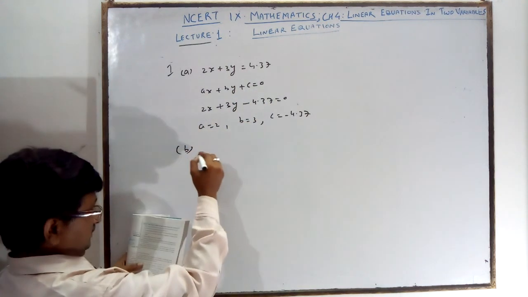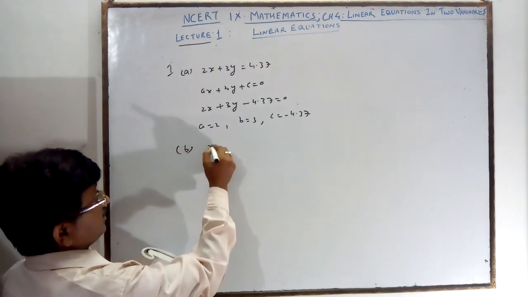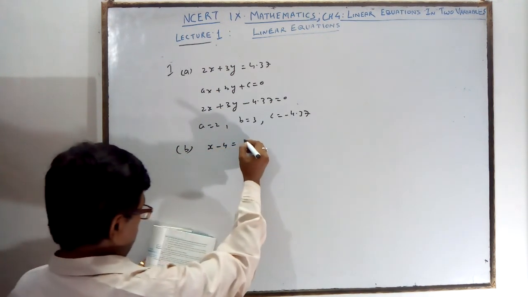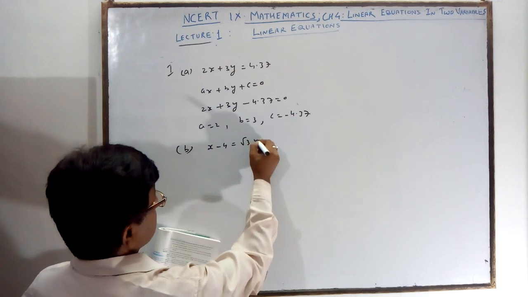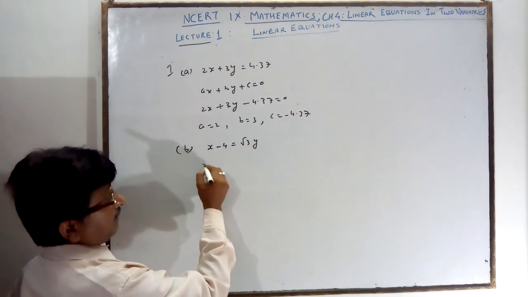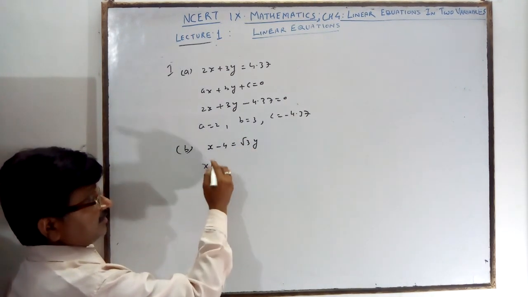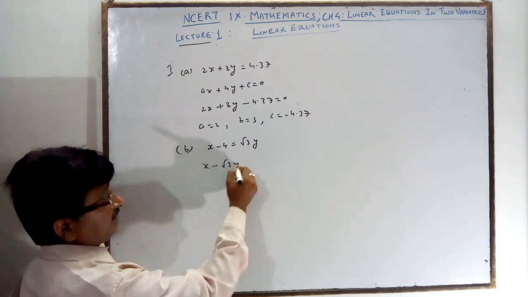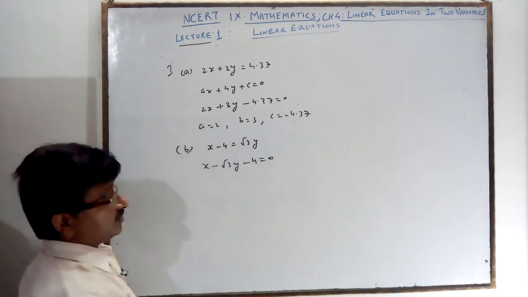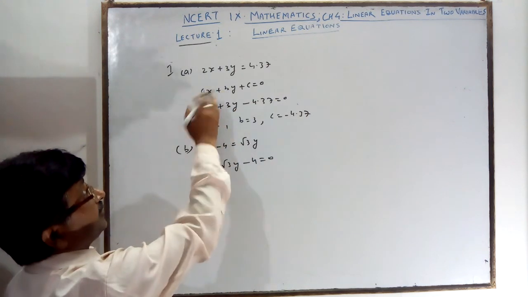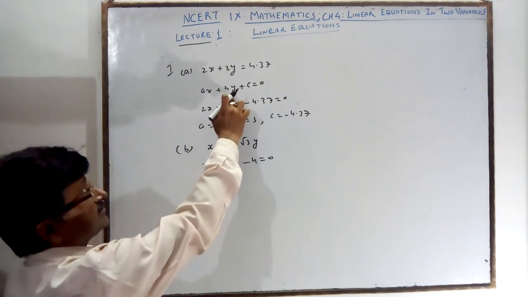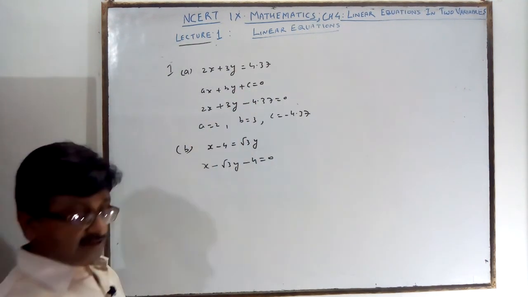One more is given: x minus 4 is equal to root 3 y. What will you do? Transpose everything to this side: x minus root 3 y minus 4 is equal to 0. Write it in the proper way: first place x, second place y, third place the constant.